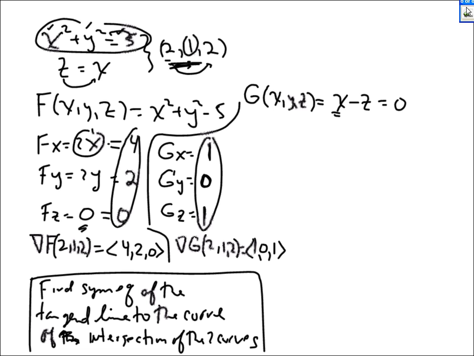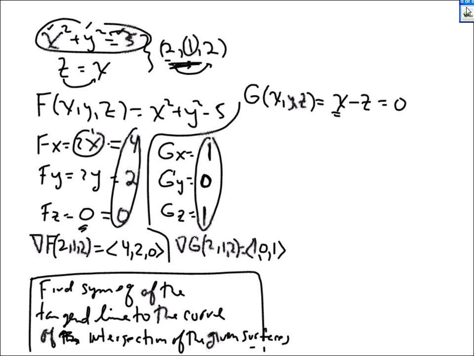Now we want the tangent line. We want the equation in symmetric form. We want the equation of the tangent line to the curve of the intersection of the given surfaces.